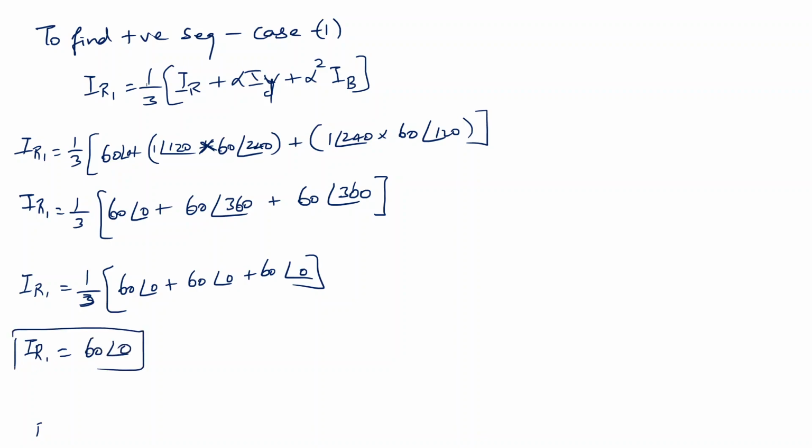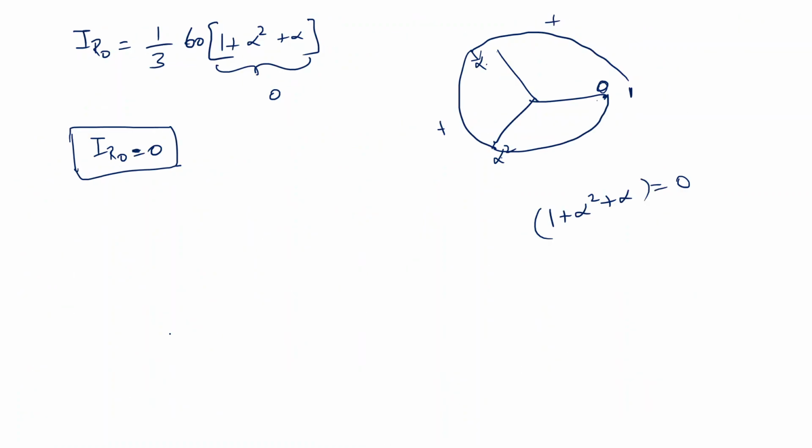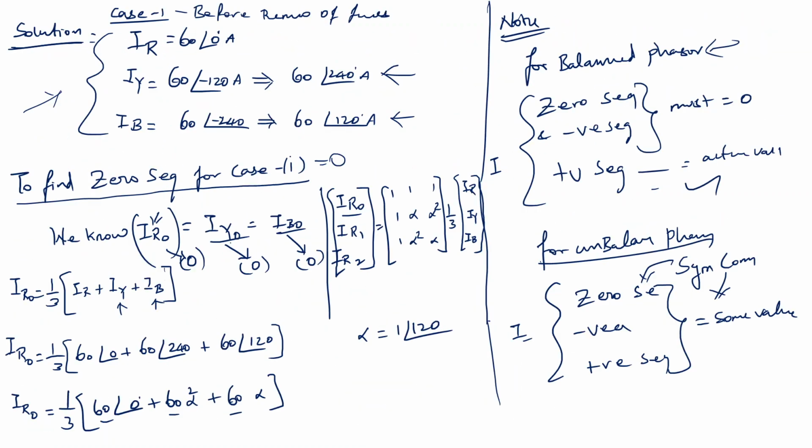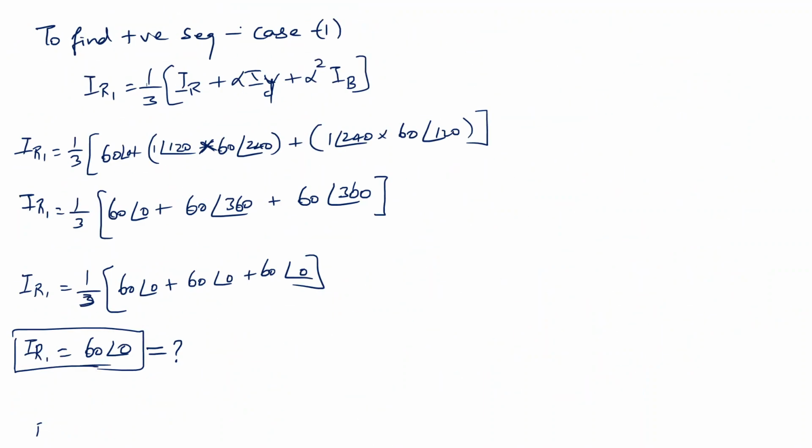What is the conclusion you got? For a balanced system, I will get some value of I in the positive sequence. One more observation, anyone please tell me: this value is equal to the question value itself. What is IR1 in the question? It is 60 angle 0. The same value we are getting for the positive sequence.